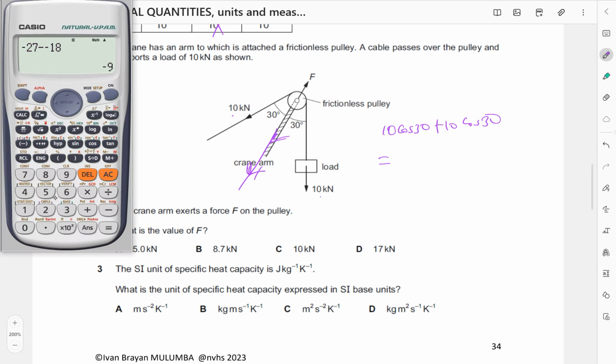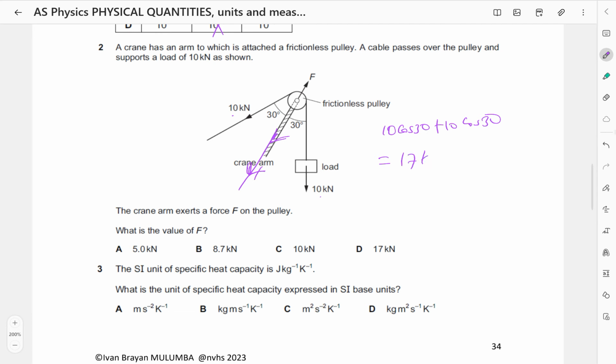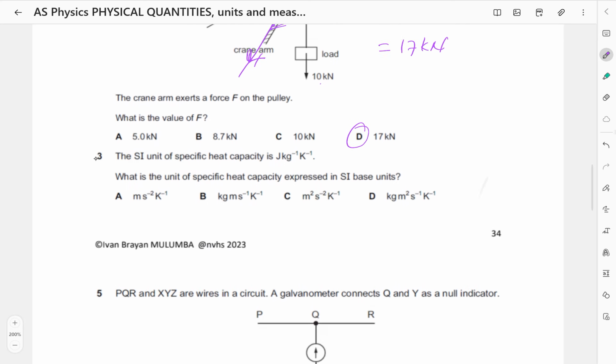So I'll simply say 2 times 10 cos 30, which gives us 17.3. So this is 17 kilonewtons. So F should be 17 kilonewtons because the F force upwards should be balanced, should be equal to the forces on the other side.